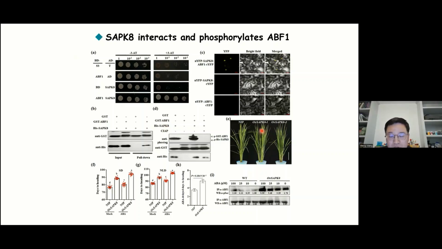And we also further generated SAPK8 overexpression lines, and found they showed a later flowering phenotype compared with wild type, and also application of ABA treatment can enhance this phenotype whether on long day or short day conditions.